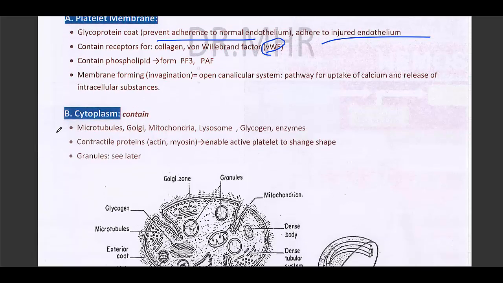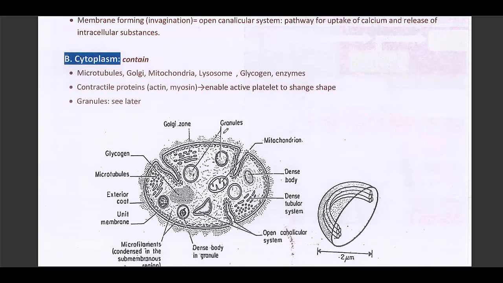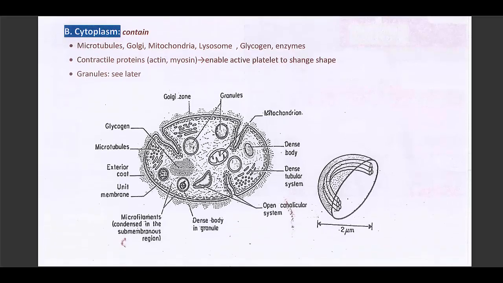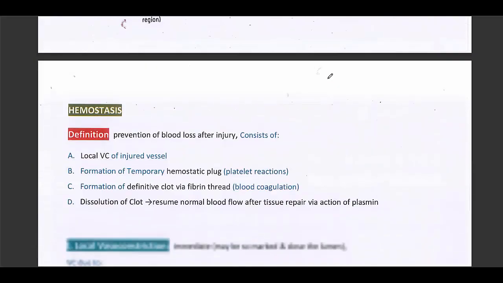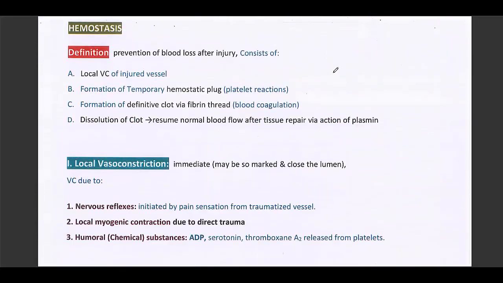Inside the cell, it contains mitochondria, microtubules, Golgi apparatus, and lysosomes. It also contains contractile proteins, actin and myosin, to help it move and stick to the site of injury, making a pseudopod like this. And it also contains granules. We will discuss this later, inshallah.